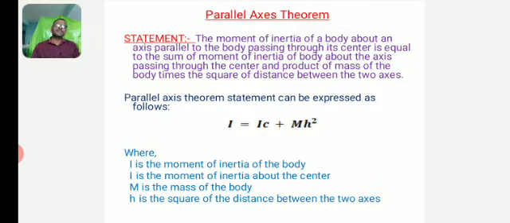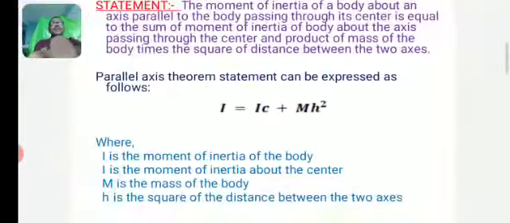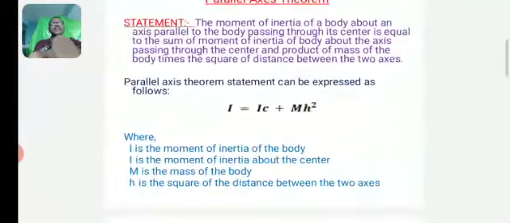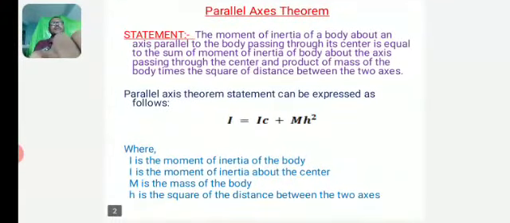That means the moment of inertia must be equal to the sum of the moment of inertia of the body about an axis passing through the center of gravity and the product of mass and the square of the distance between the two parallel axes.